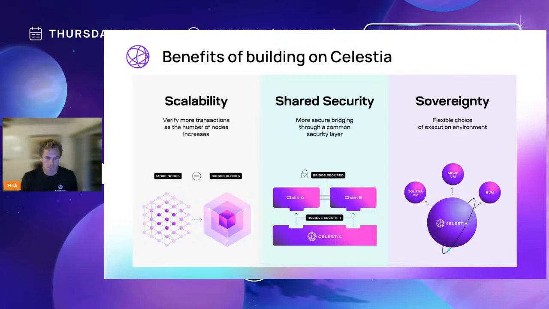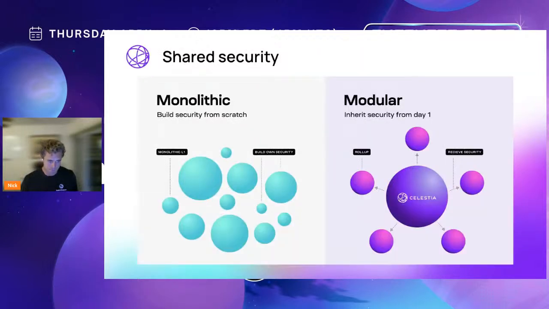But basically, rollups that share a common data availability layer have this privileged ability to have what's called trust-minimized bridging, where they can more or less run light nodes of each other, and that provides you with more secure bridging than the standard committee-based bridging that we have today. And then last but not least is the sovereignty and flexibility that you get. Because you're not locked in to a specific operating system, you get the ability to choose.